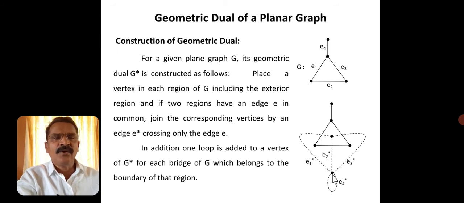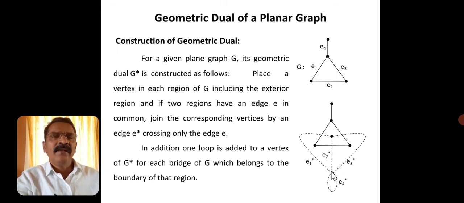Since there are two regions, or you can say faces, one is the internal face and another one is the external face, in each face we have put one vertex. Or you can say the number of vertices is equal to the number of faces. There are two faces, one internal and another external, so we have considered two vertices here.